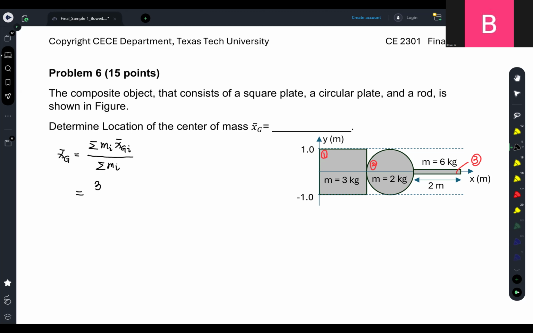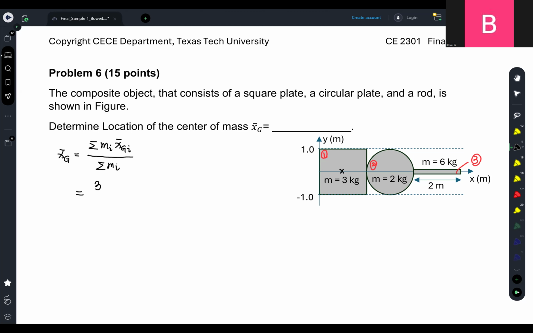What is the x coordinate of the center of mass of the first part? Well, if the problem didn't tell us, for example, the density function of the object, we typically assume that it is homogeneous, meaning that the center of mass is at the very center, or the centroid, of the shape. Here it is at the centroid of the square, right?